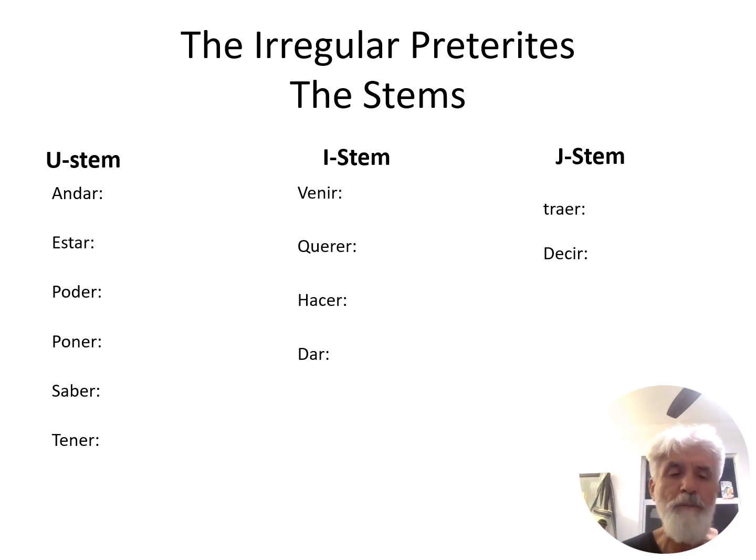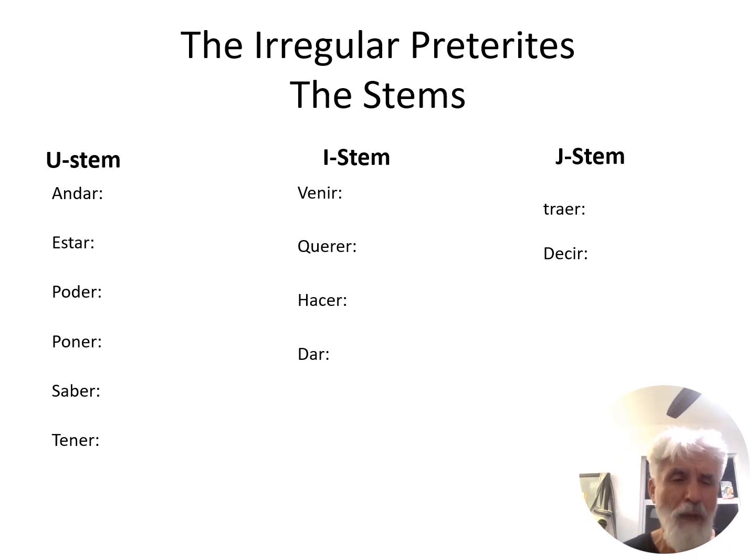There are verbs that are called the U stem verbs, because when you put them in the preterite tense, they have the U in the stem. There are also I stem verbs, so when you put these verbs in the preterite, they have an I in the stem. And finally, there's a few verbs that when you put them in the preterite or simple past tense, they have a J in the stem. So try to familiarize yourself with these verbs.